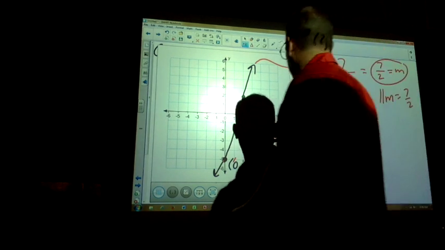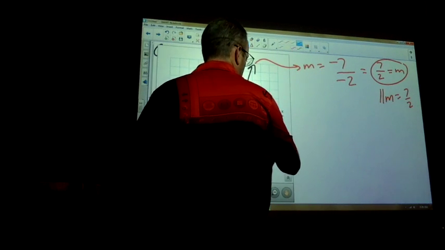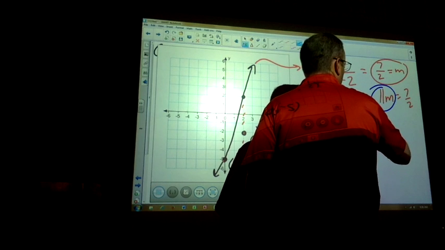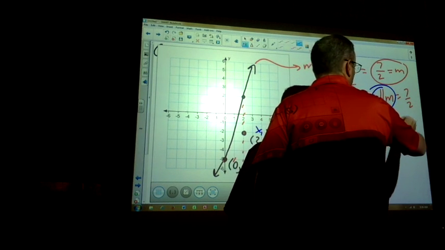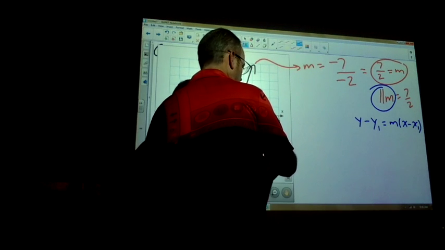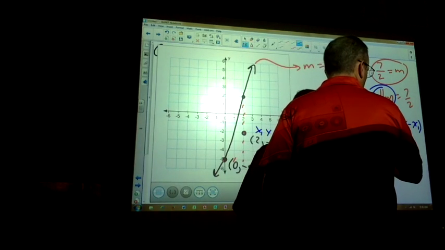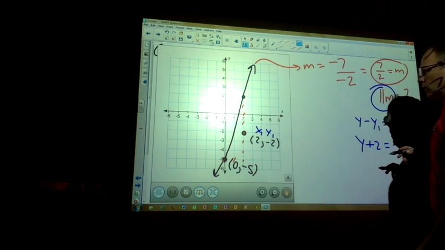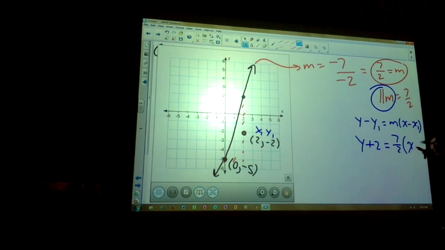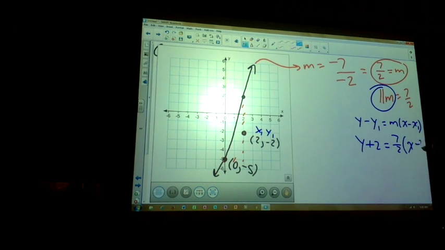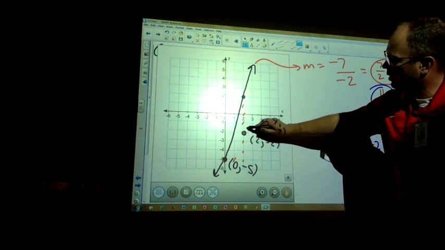And let's use this. I'm going to call that x1 and y1. So to find my parallel line, y minus y1 equals m times x minus x1. And then y minus minus 2, y plus 2 equals 7 over 2, x minus 2. Okay, so this one happens to be the parallel line to this.